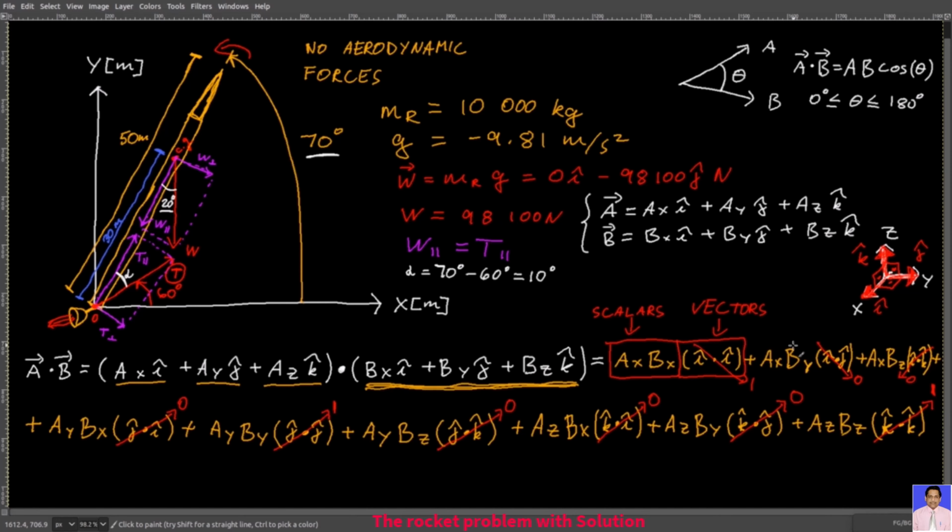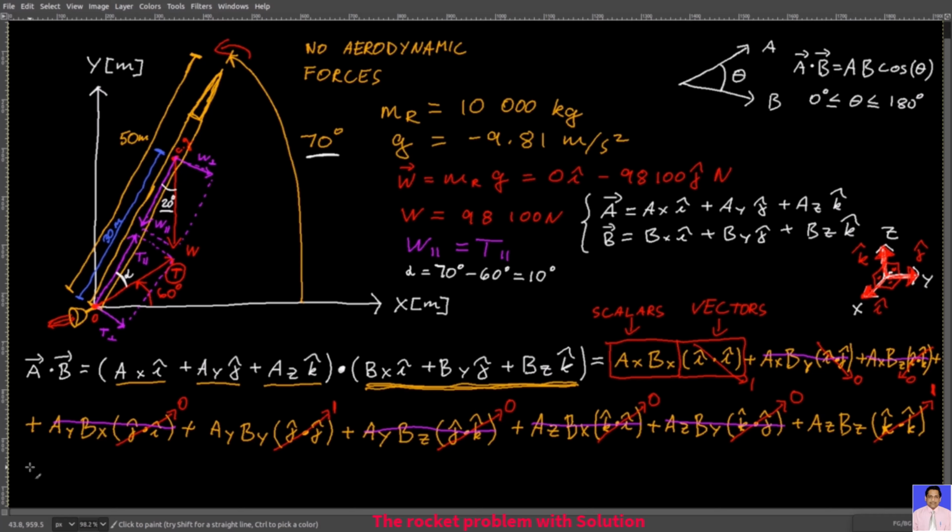And so thanks to that, you can forget about this term, then also this term, also this one, and this one, because if you multiply something by 0, you will get a 0 term.